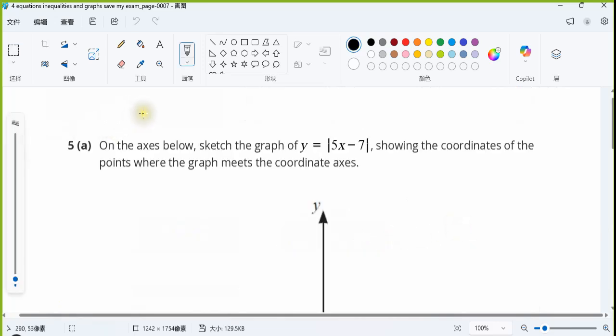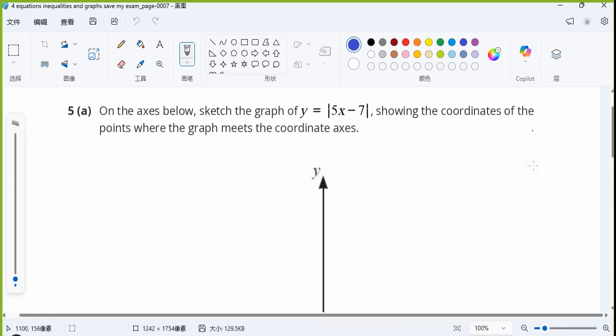Question number 5. On the axis below, sketch y equal to modulus 5x minus 7, showing the coordinates of the points where the graph meets the coordinate axes. So when x equal to 0, y will be modulus 0 minus 7, which is 7. When y equal to 0, we have 0 equal to modulus 5x minus 7.